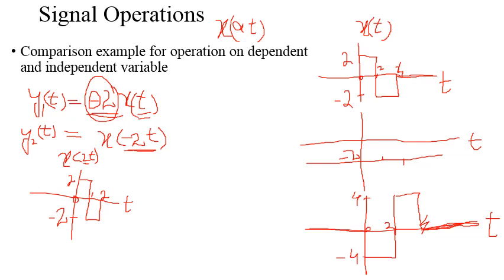Now if I reflect the signal, I will obtain y2 of t. So y2 of t can be obtained by time reversal of x2 of t, this one.